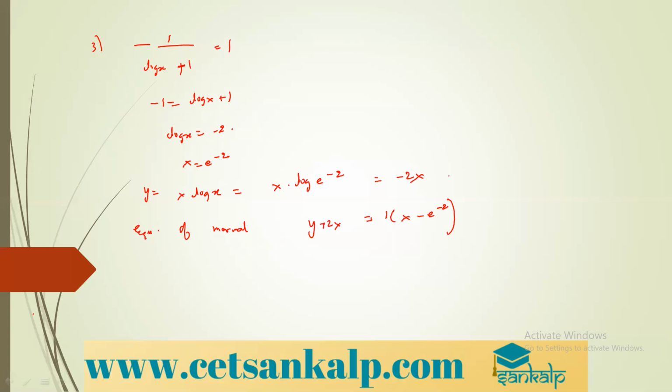Because x is e power minus 2, 2x can be written as 2 e power minus 2. So y plus 2e power minus 2 equal to x minus e power minus 2. That is the equation of normal. So, as I told you, the next part we will complete in the next class.